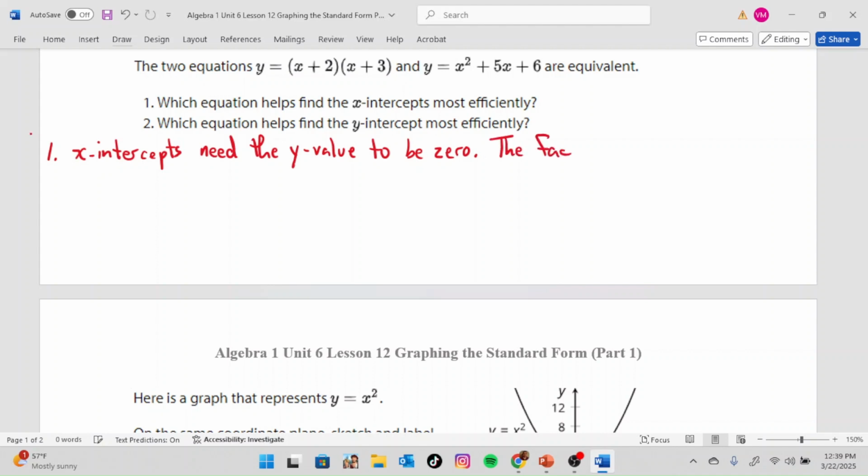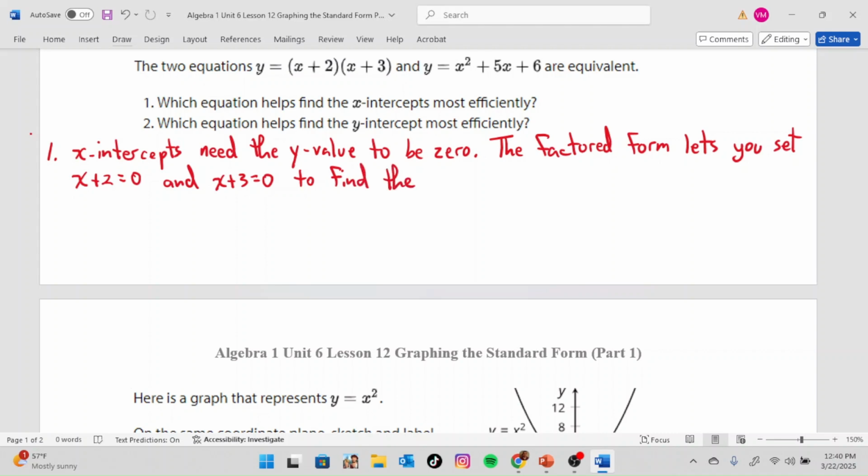So the factored form lets you set x plus 2 equal to 0 and x plus 3 equal to 0 to find the x-intercepts.